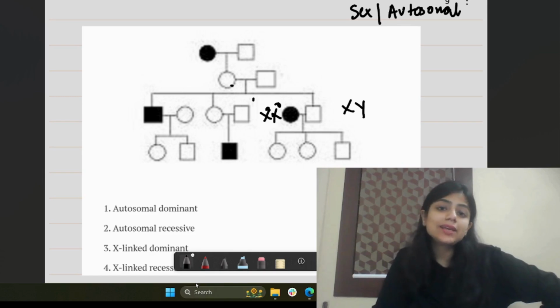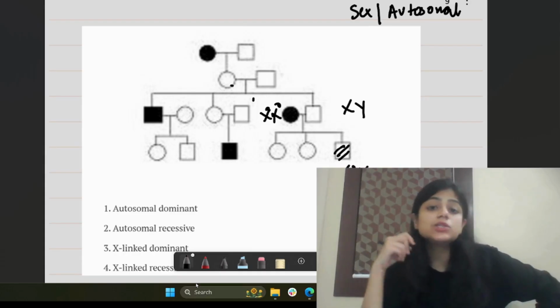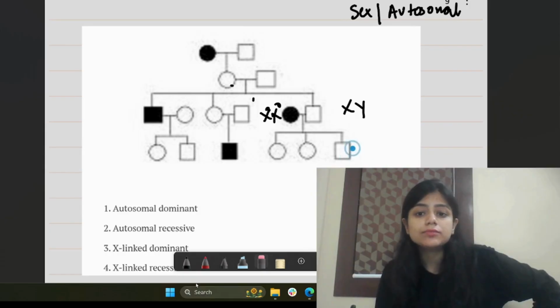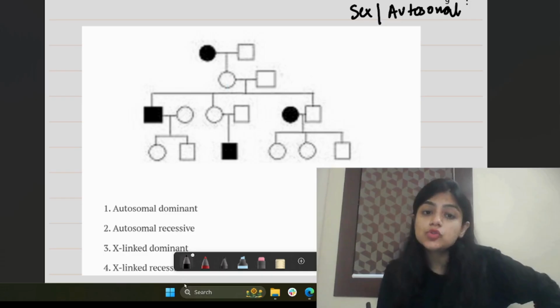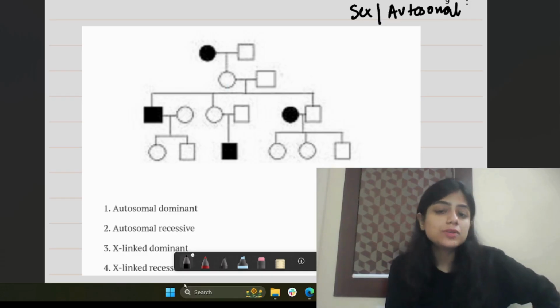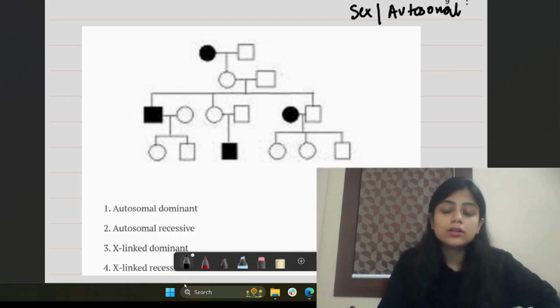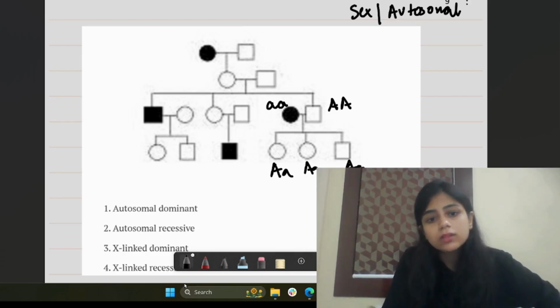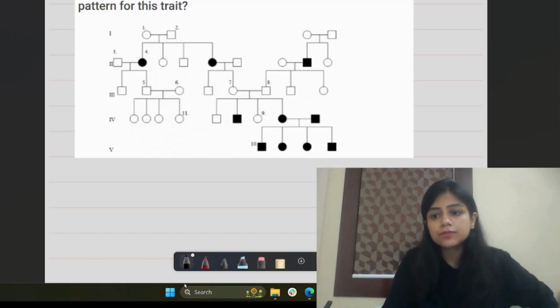Had it been the X linked recessive, it has to be a disease one. But what you are seeing here is not the disease one, right? That is why I'm saying it to be the autosomal recessive. Autosomal recessive, you know very well, this is the affected one. This is the normal one. That is why all the progenies are what? Normal. That is why it is autosomal recessive.